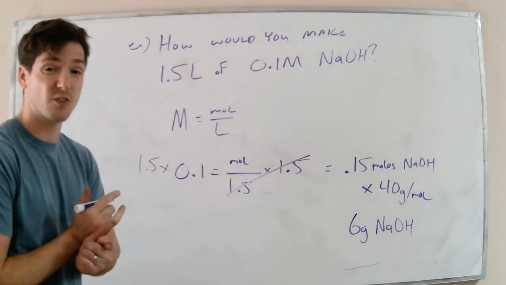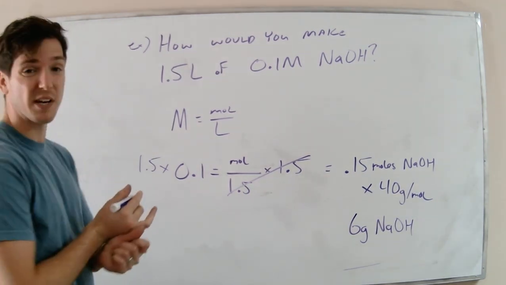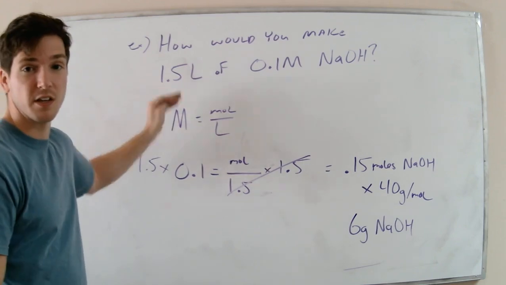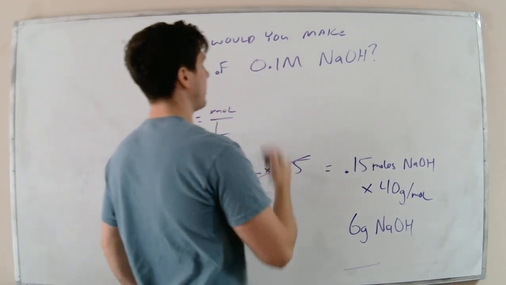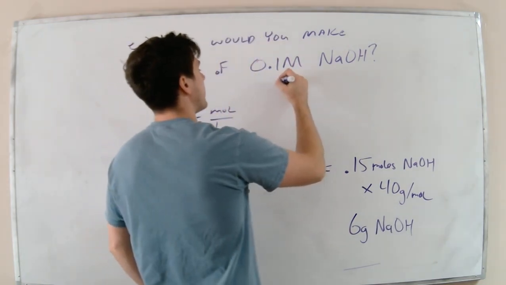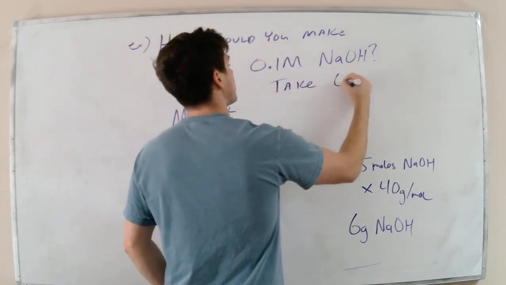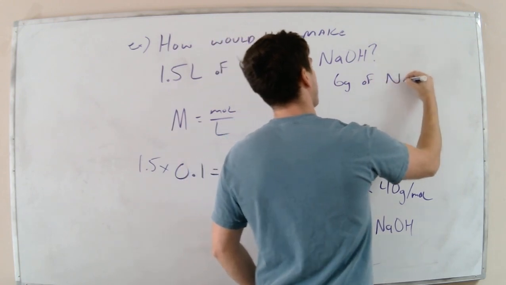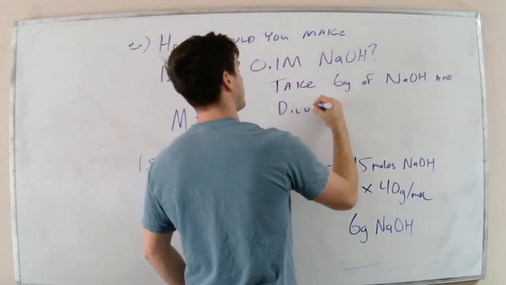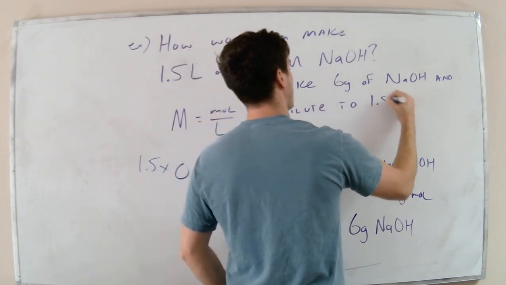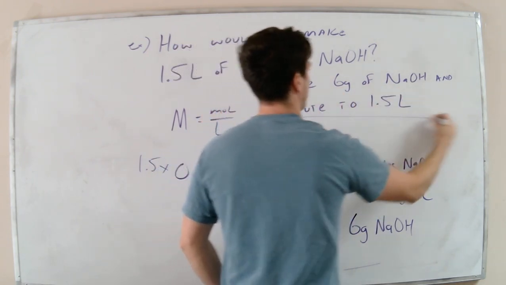So I'm going to need 6 grams of NaOH, and then I'm going to put it in a beaker, and I'm going to dilute it with water to 1.5 liters. So if you asked me how would I make this solution, I'd say take 6 grams of NaOH and dilute to 1.5 liters.